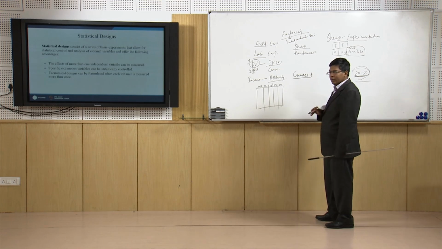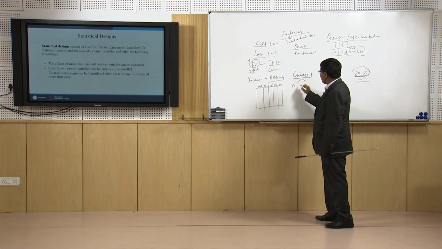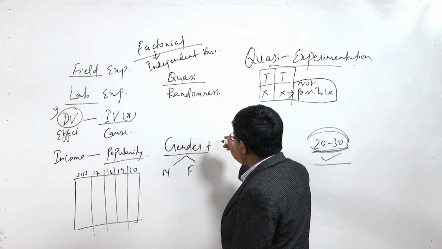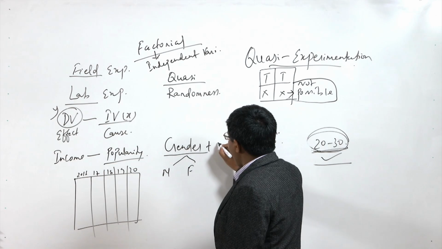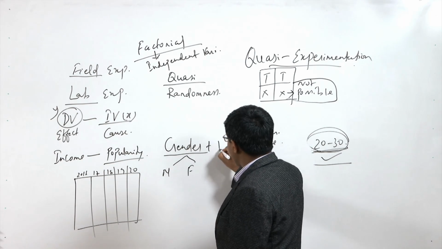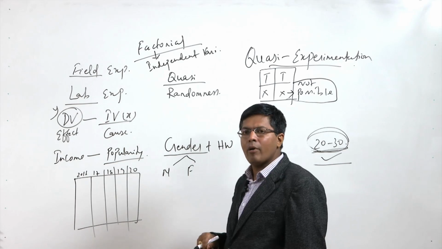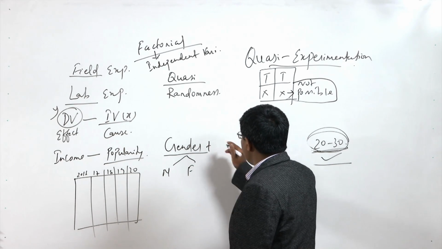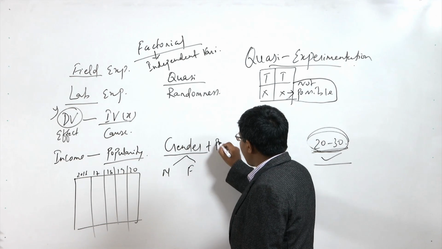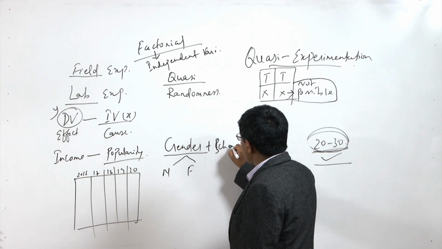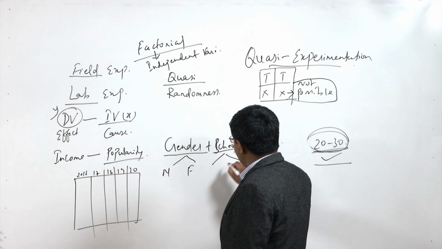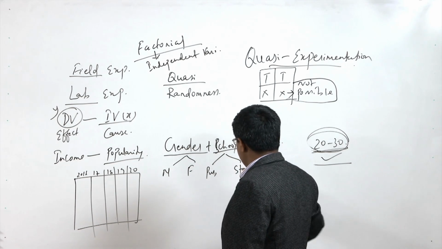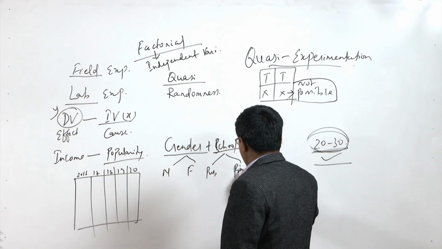But that is not enough. So, gender has two levels, male and female. Plus, suppose we also want to know the amount of hard work, or the school in which they are studying, the kind of school, let us say public school and private school. So, the school they are studying in also matters.